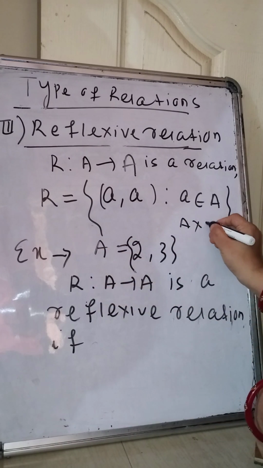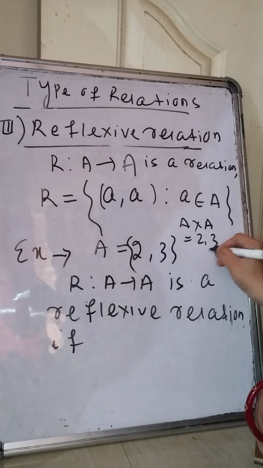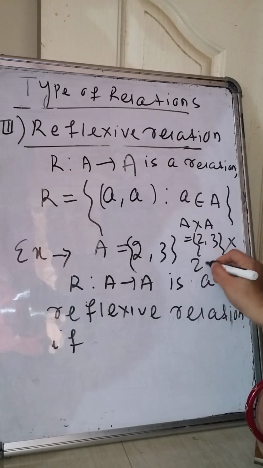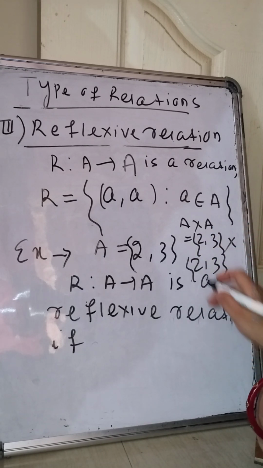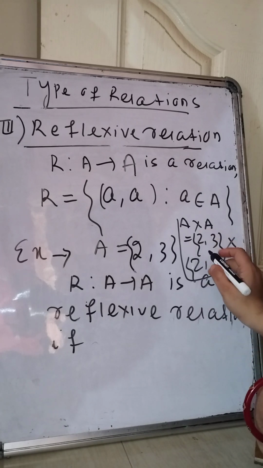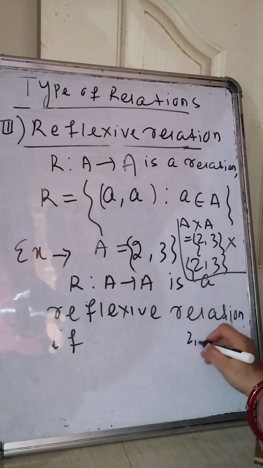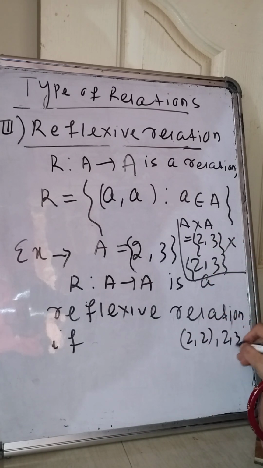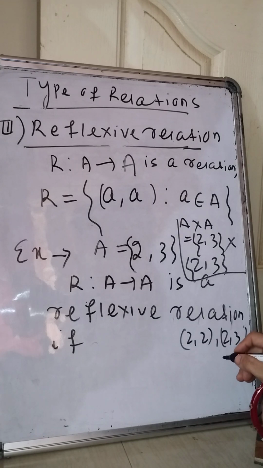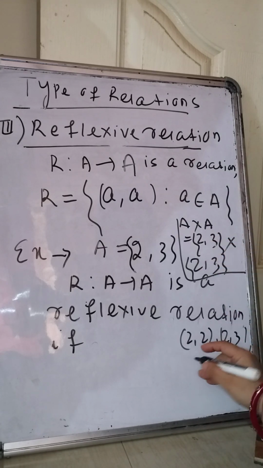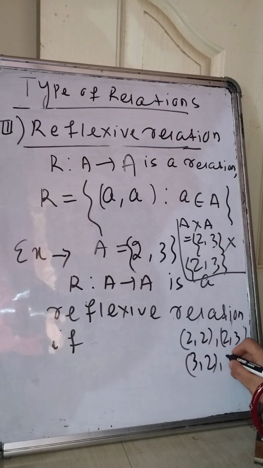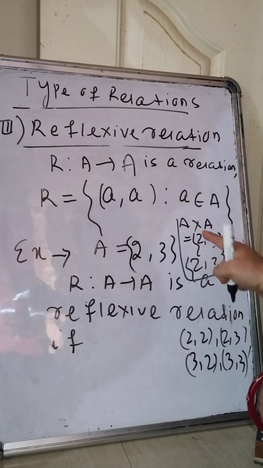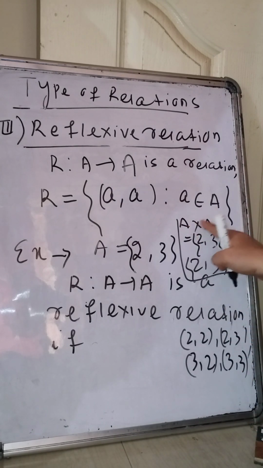A cross A, you are finding with 2, 3 and 2, 3. That means the ordered pairs will be 2 2, 2 3, 3 2, 3 3. So these are all possible ordered pairs of the Cartesian product of the set A cross A.